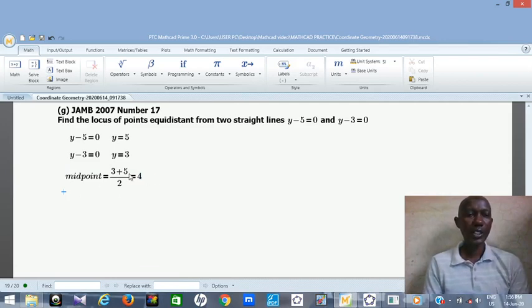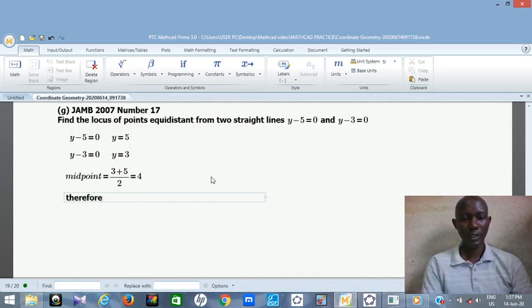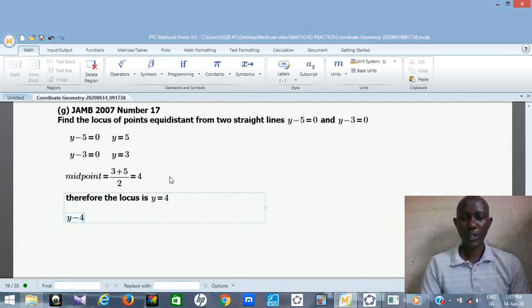So since the answer is 4, y is not in this place. Therefore, the locus of points that are equidistant from these two lines is, since the midpoint y is 4, y is equal to 4, which will finally give us y minus 4 equals 0.